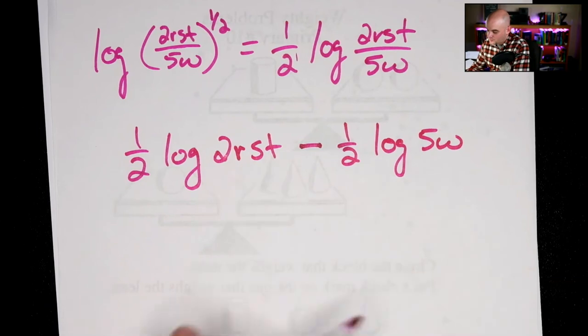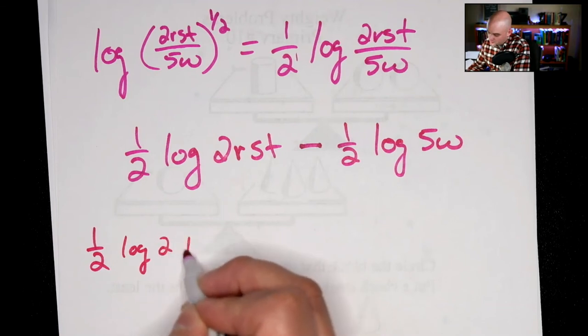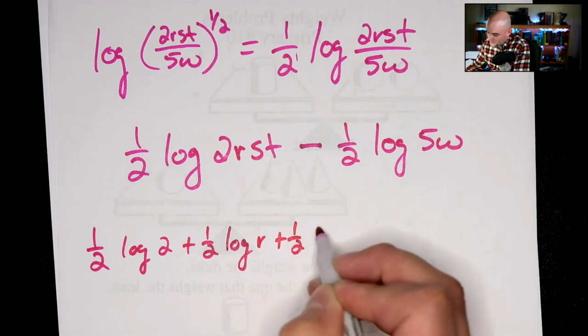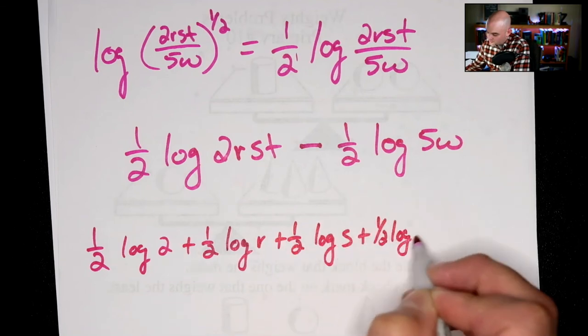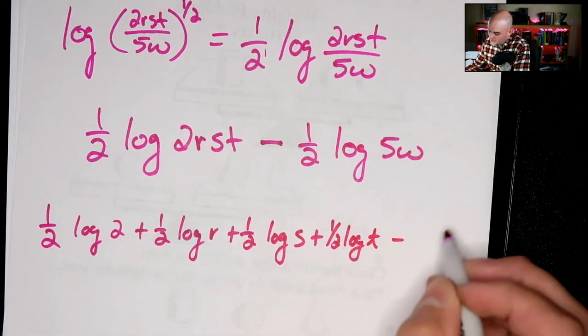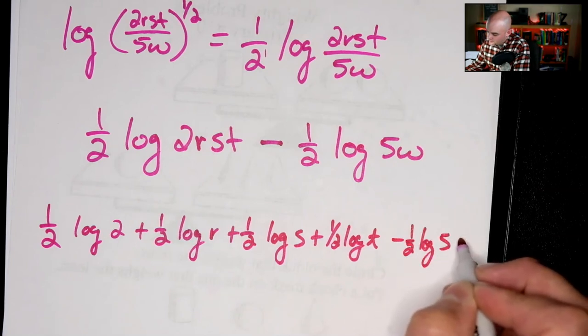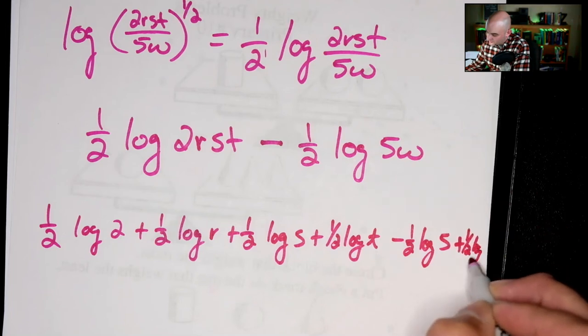It's just 4 numbers being multiplied. So I can say 1/2 log of 2 plus 1/2 log of r plus 1/2 log of s plus 1/2 log of t minus 1/2 log of 5 plus, because I'm going to split this up, 1/2 log of w.